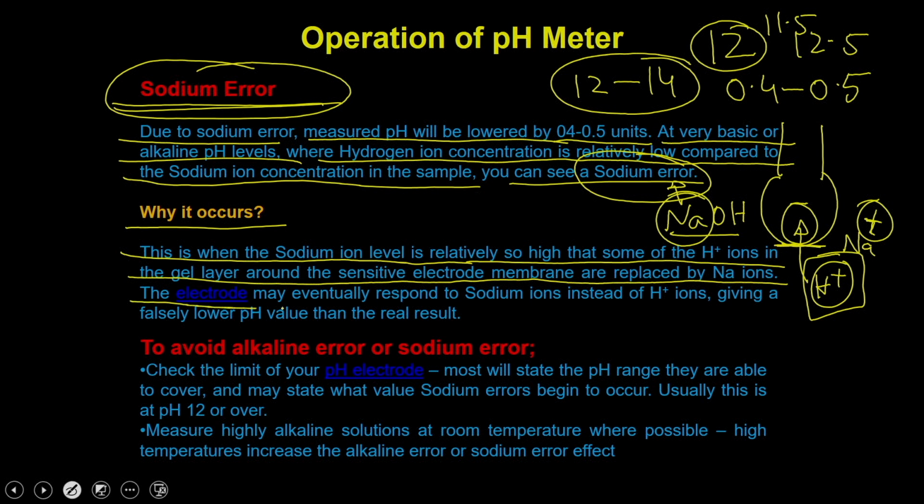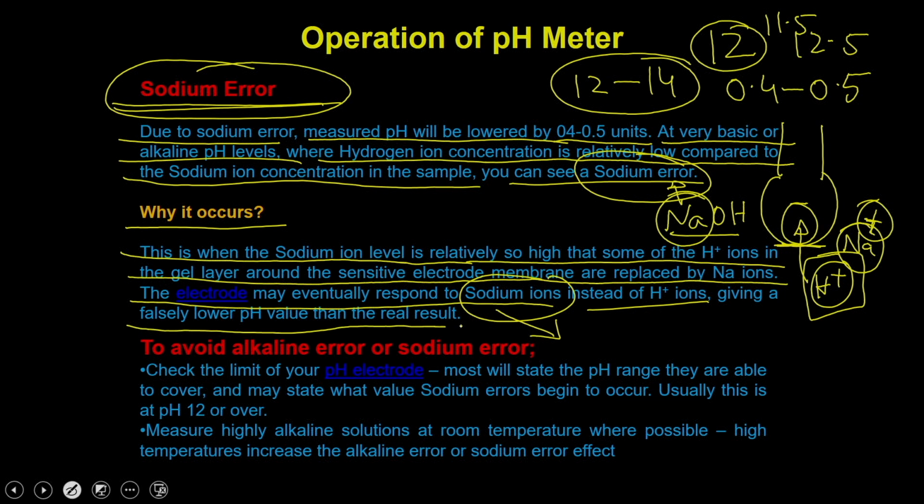The electrode may eventually respond to sodium ions instead of the hydrogen ion, because there is such a high concentration of sodium. The electrode starts responding to the sodium ions instead of giving the pH relative to the hydrogen ion concentration, and that is why it gives a falsely lower pH value than the real result. How to avoid that?